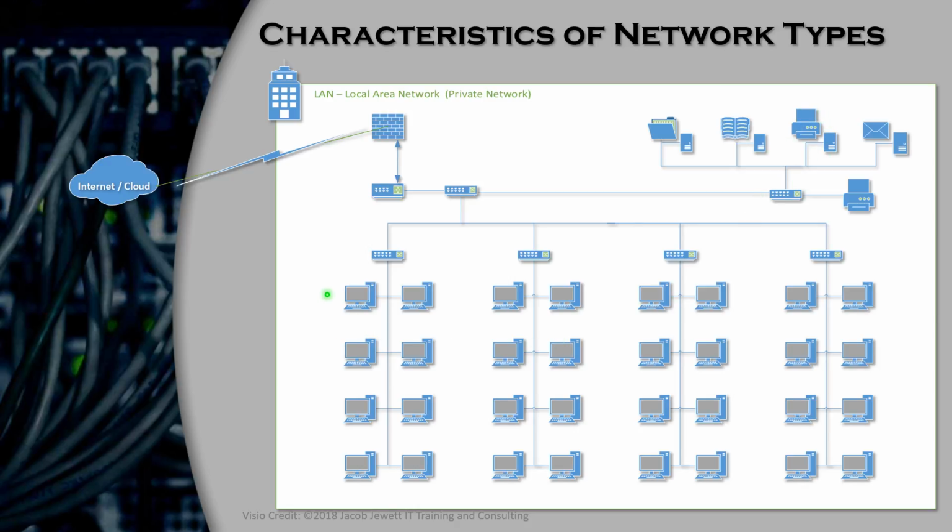Instead of every user on the network having a printer connected to their workstation, if this was one floor or one office area, you would have one printer assigned there, and all these computers would print to that one printer. And that would be handled by a print server. So in my example, I have the print server here.